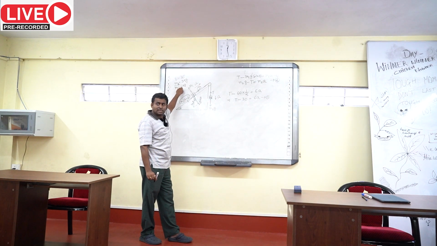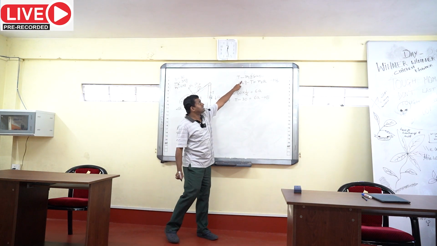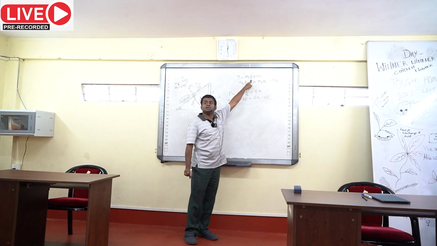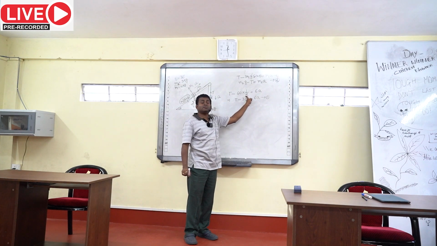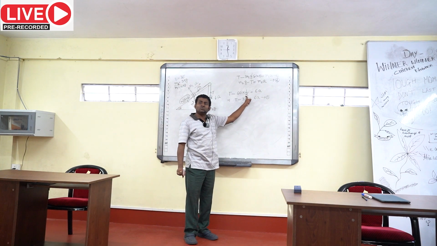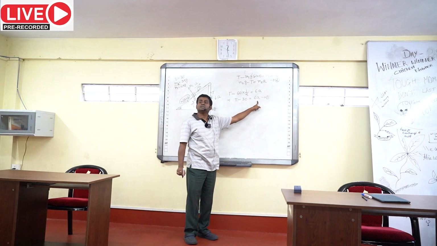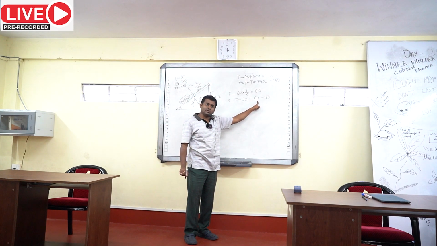Why? Because m1 is given 6, g is given 10, sine 30 will be half. So it will be 60 into 1 by 2, that is 30. So T minus 30 will be 6a. This is the first equation.